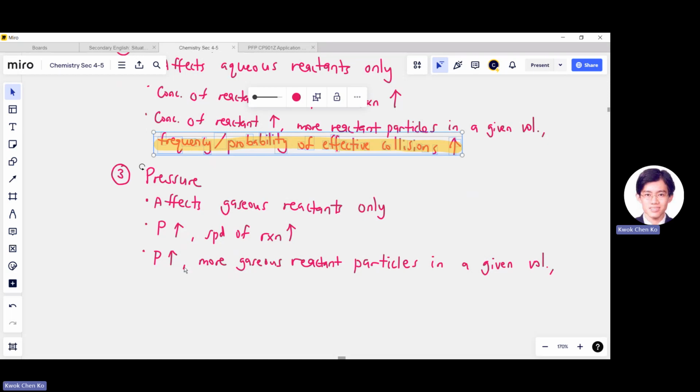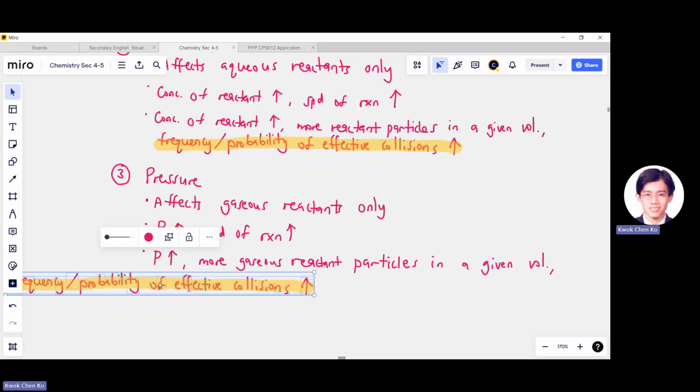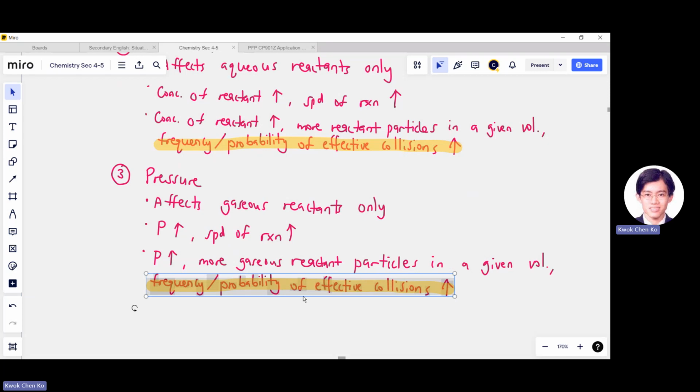So what happens next? Exactly the same thing. You just copy paste.